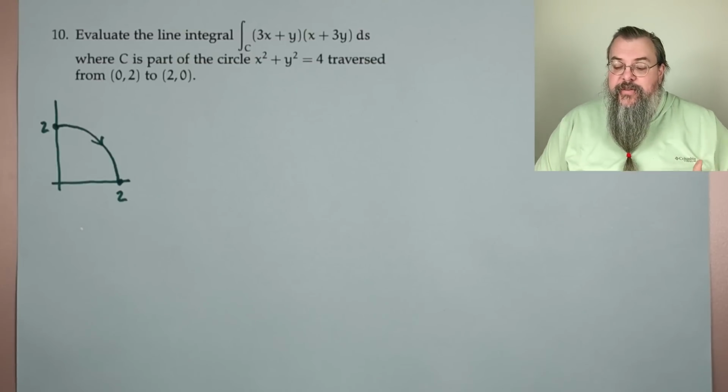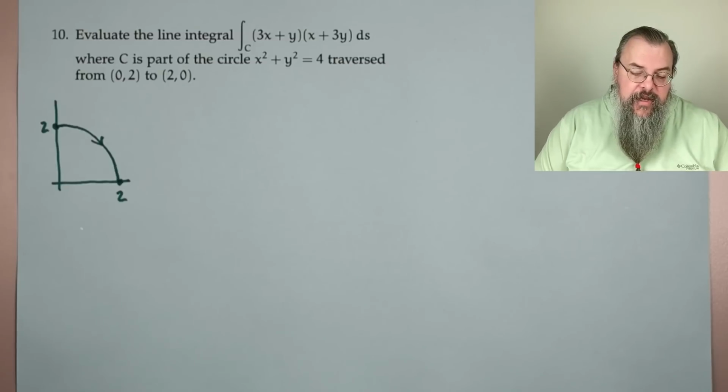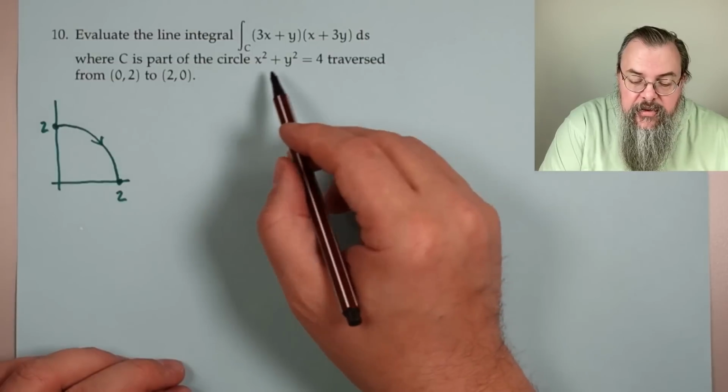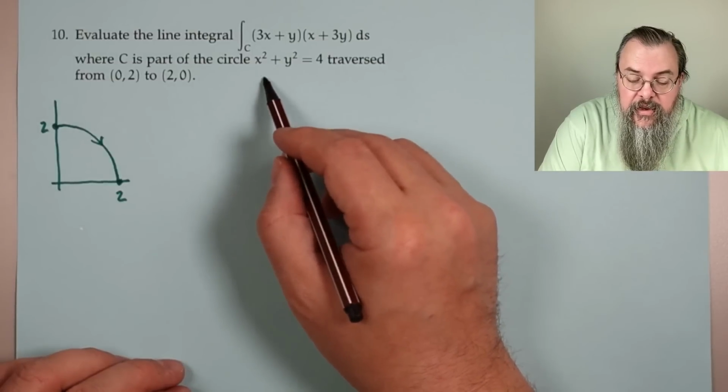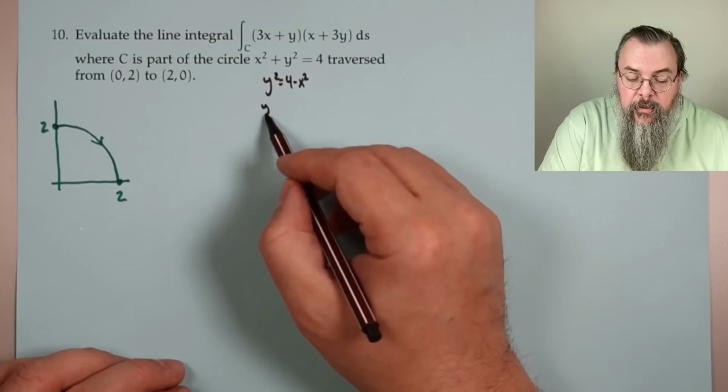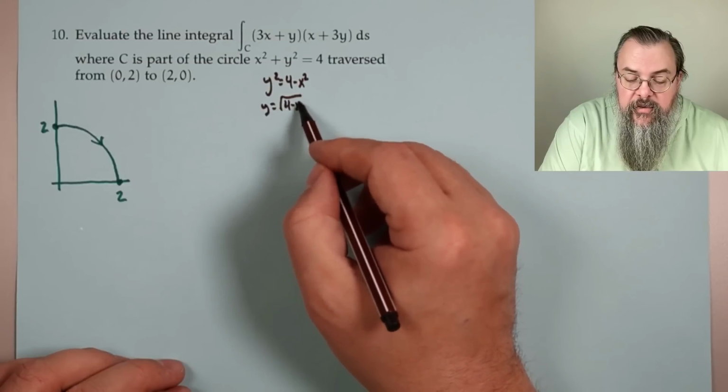Now there's lots of parameterizations that we could pick. One parameterization that you might say is, what if we did the following? Because I can solve for y as a function of x. So y squared equals 4 minus x squared, or y equals the square root of 4 minus x squared.